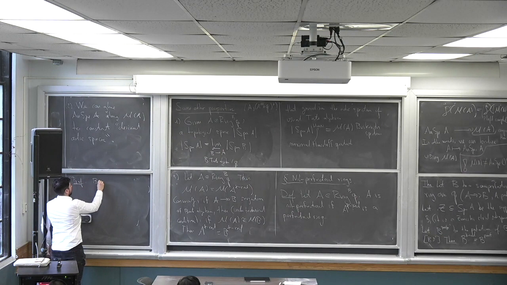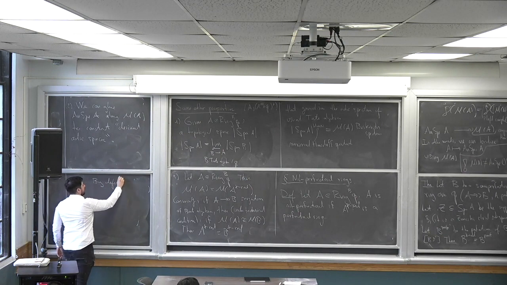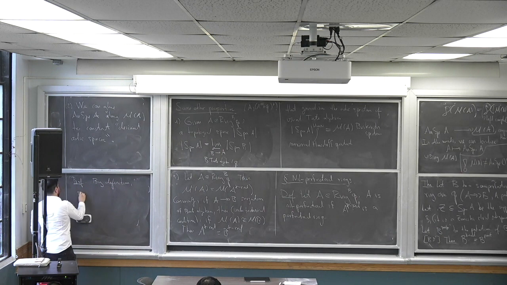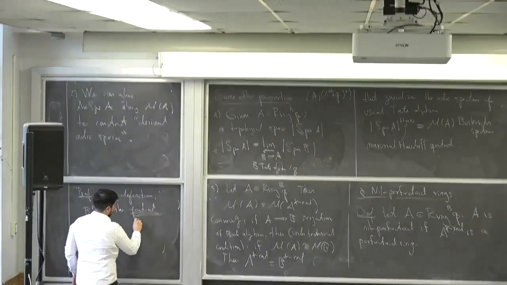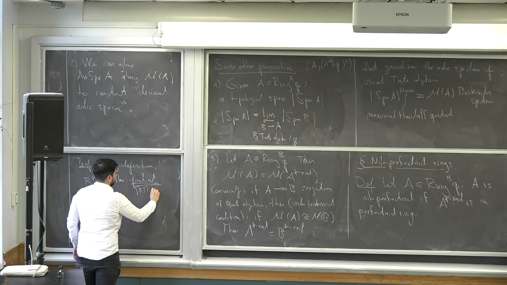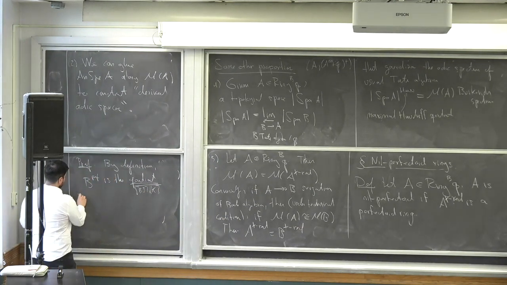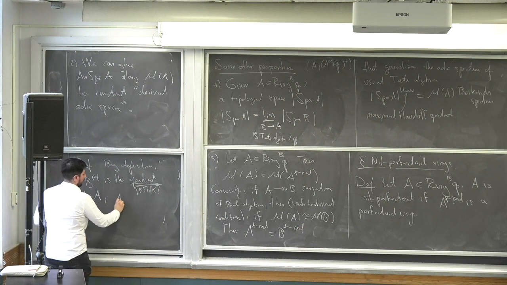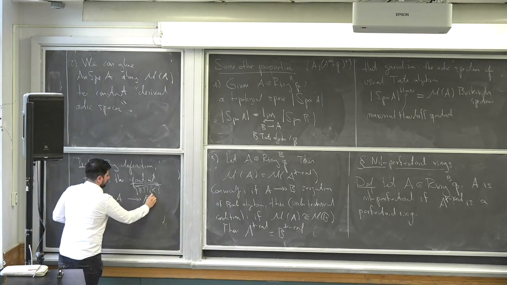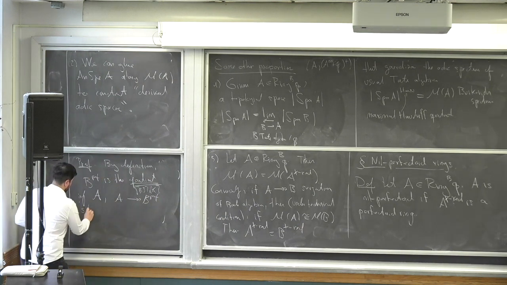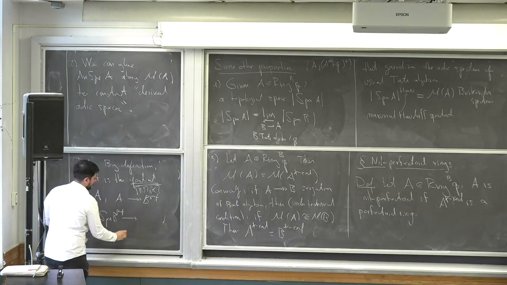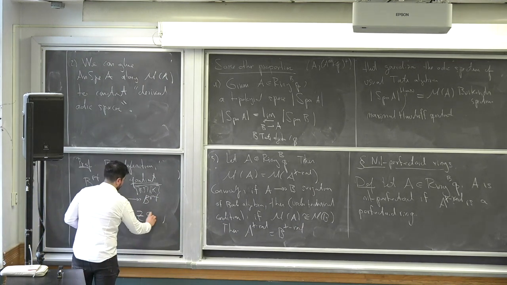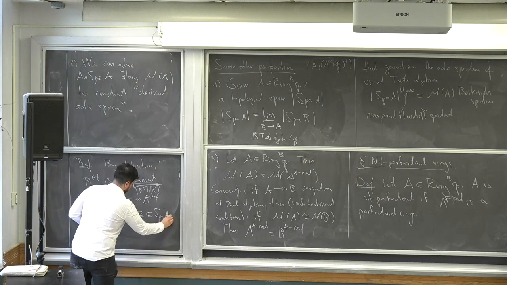By definition, the perfection is the quotient, where we take the ring A mapping to here, such that the spectrum of the perfection mapping to the set is going to be a homomorphism.